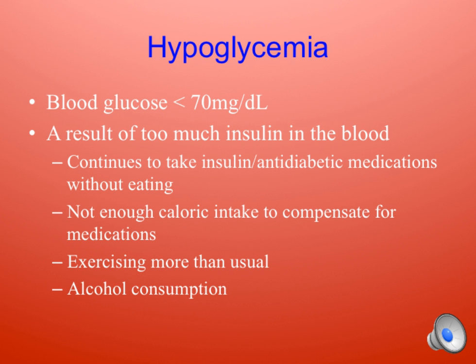These are because patients continue to take insulin or anti-diabetic medications without eating, not eating enough caloric intake to compensate for the amount of medications that they were given, exercising more than usual, and alcohol consumption can cause hypoglycemic states.